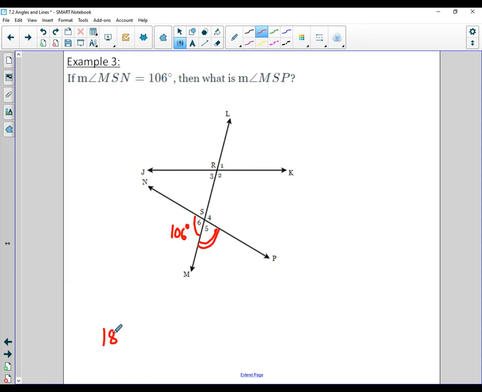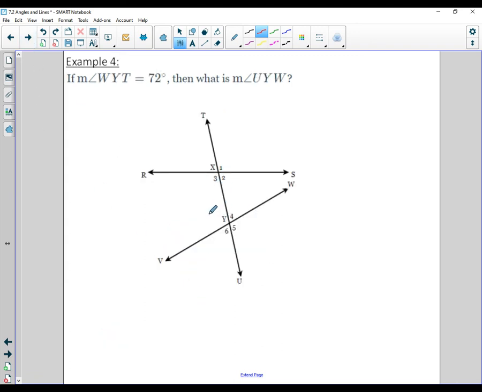So to find this angle, I need to do 180 degrees minus 106 degrees, right? Which is going to give me 74 degrees. And if you want to do the subtraction to be for sure, you can. Or sometimes I just like to think about it: what do I have to add to 106 to make 180 degrees? 74.